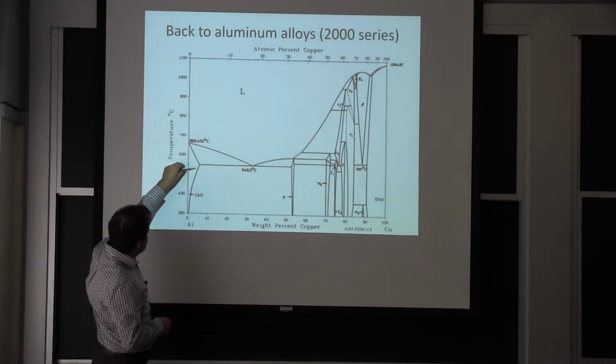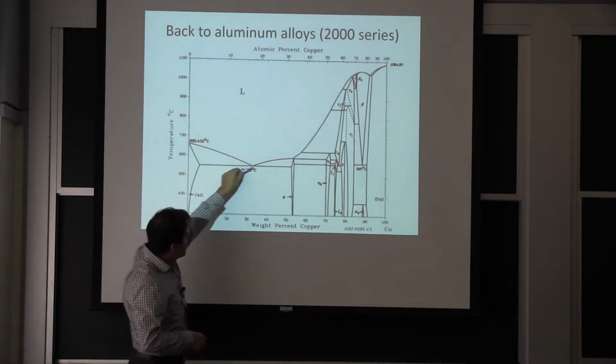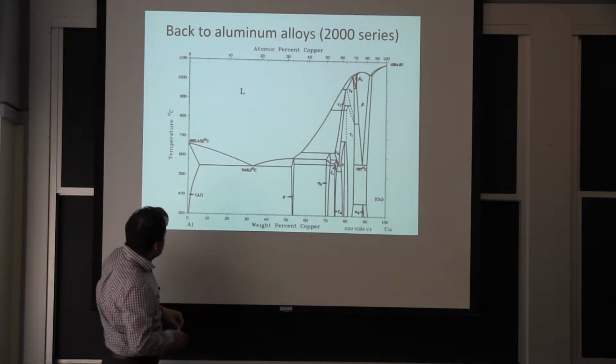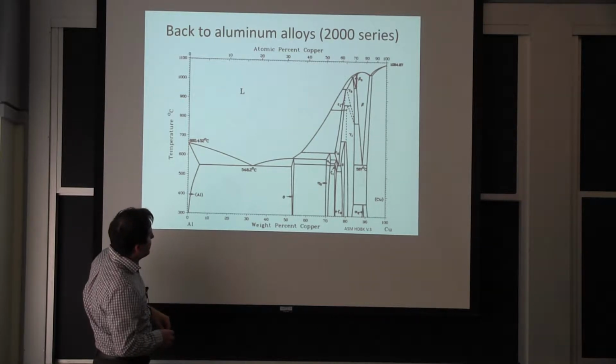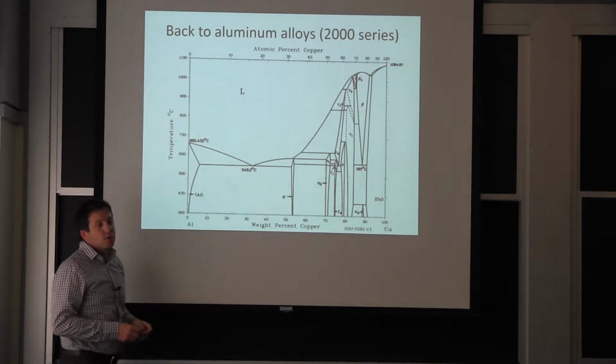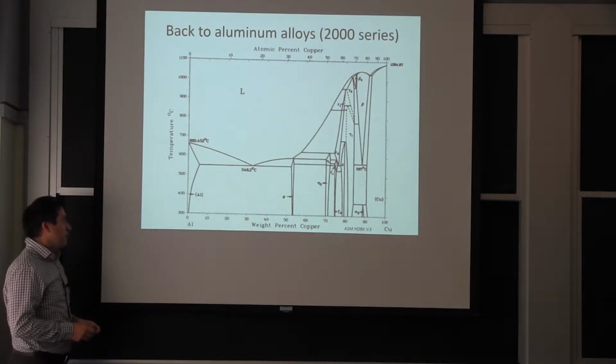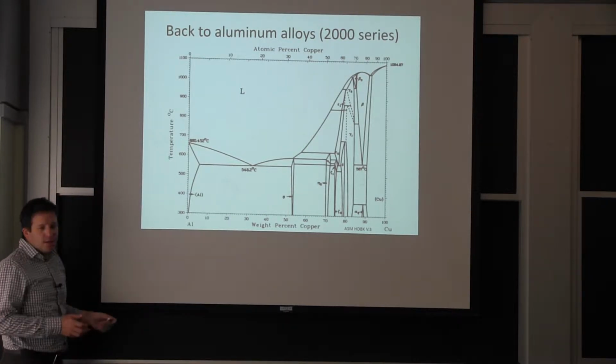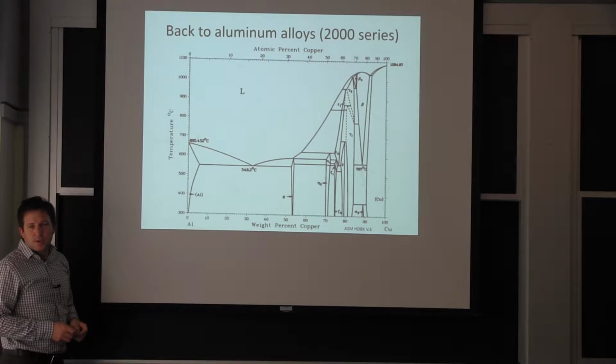And then as I'm going down in temperature, I get into this big central zone, and then I'm getting a little bit of two phases. And that's really what causes dispersion strengthening as opposed to the eutectic transformation that we're going to see for steel.